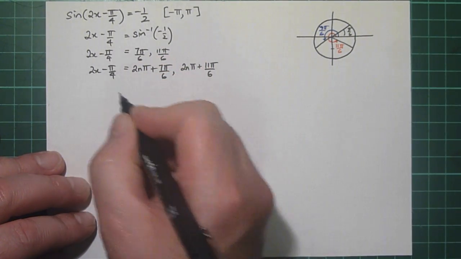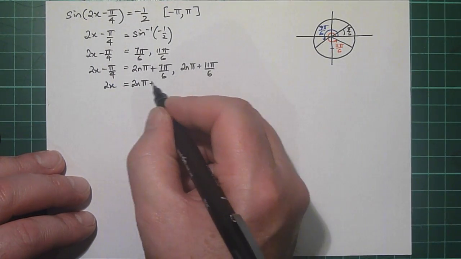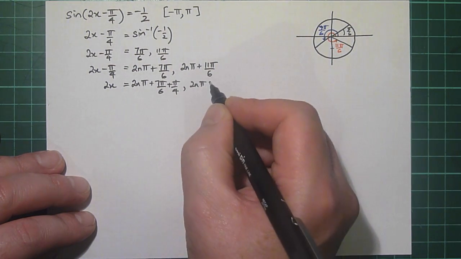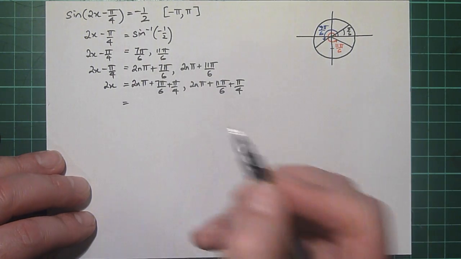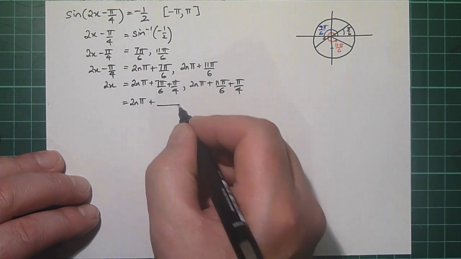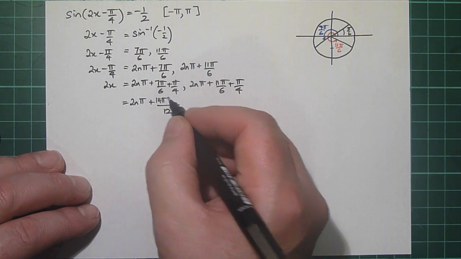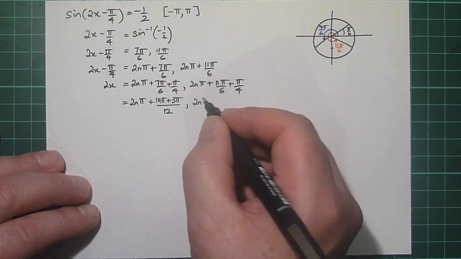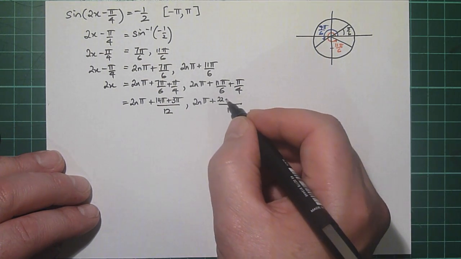So now we can add π on 4 to both sides. Since these are fractions, we've got to find a common denominator. I'll use 12. 6 into 12 is twice, so that's really just a 14π. 4 into 12 is 3, so we get 3π. That becomes a 22π.